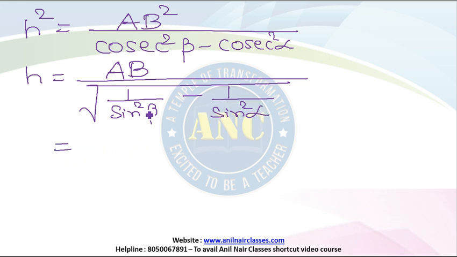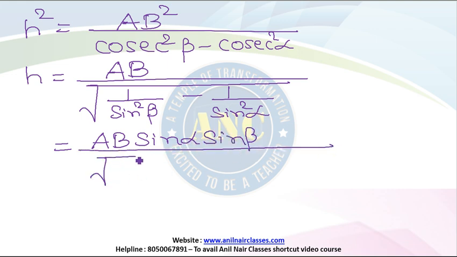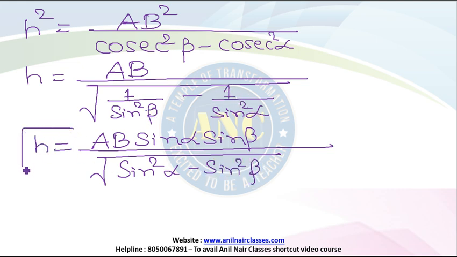After taking LCM, sine square beta into sine square alpha is the LCM in the denominator. That under the square root will become sine beta sine alpha in the numerator. The denominator of the denominator will come to the numerator. In the denominator, sine square alpha into 1 is sine square alpha minus sine square beta into 1 is sine square beta. This is what I am left with, and this is H.